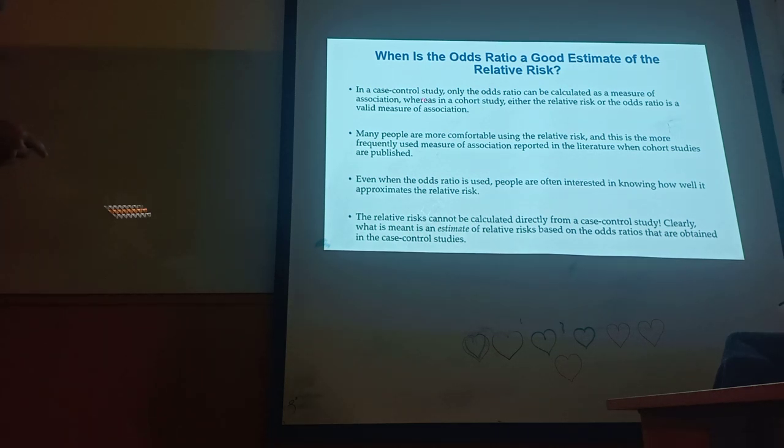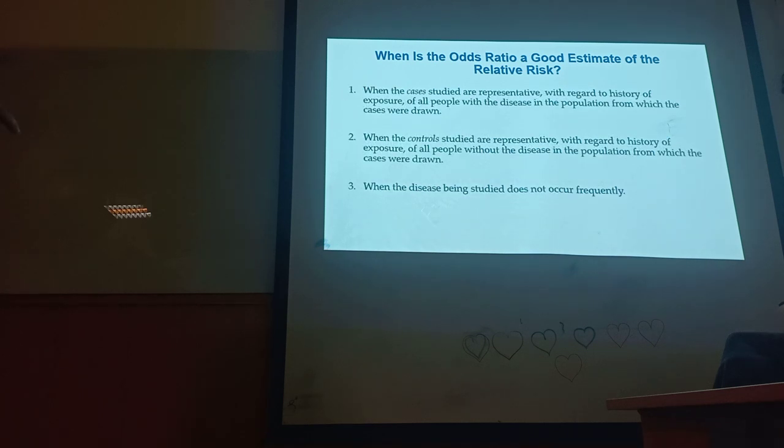In a case control study, only odds ratio can be calculated as a measure of association. We talked about it. So there are three conditions for the odds ratio to be a good estimate of risk ratio. The first one is when the cases studied are representative with regard to history of exposure of all people with the disease in the population.